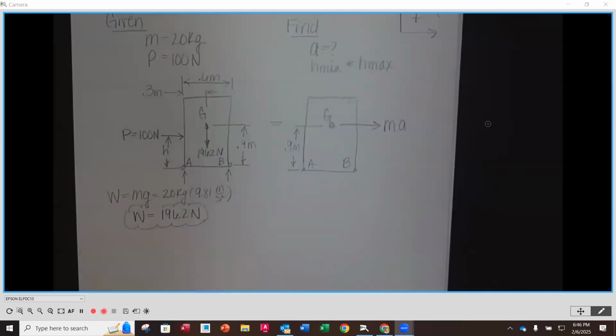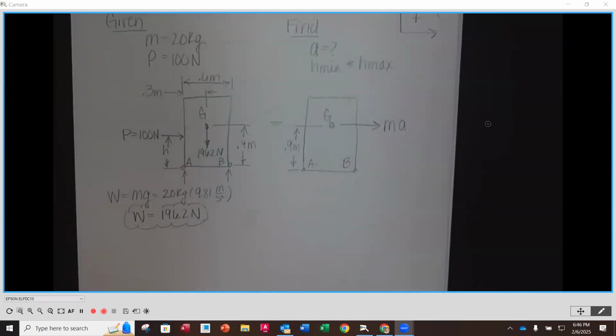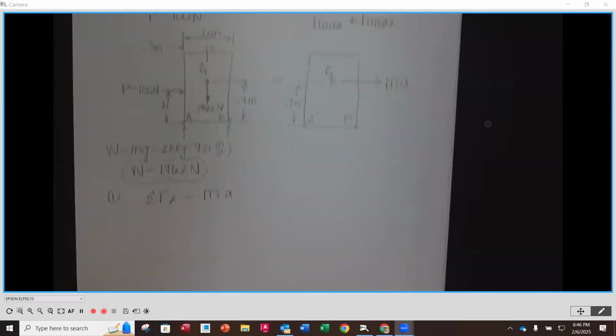Now, the first thing that we're going to do is look at the acceleration. As we look at the direction of the motion here, this is in a horizontal direction, which makes sense. Our force is pushing to the right in this case, and we can see that the movement is also going to the right. So step number one for our problem, we're going to sum our forces in the x direction equal to mass times acceleration.